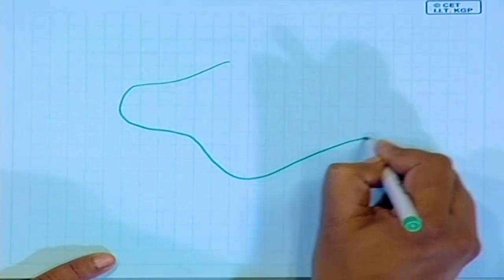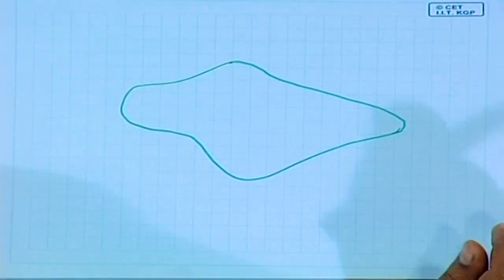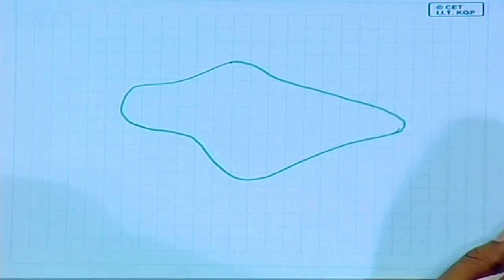So, let us talk about one or two such criteria function based approaches. Let us take a boundary something like this. One of the criteria functions says that initially you decide 2 points on the boundary along which this boundary can be split.